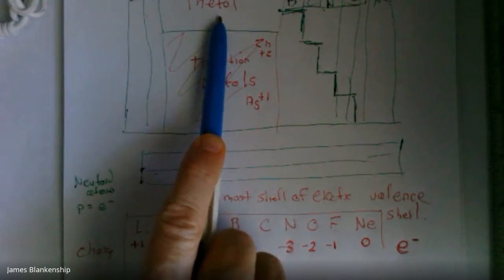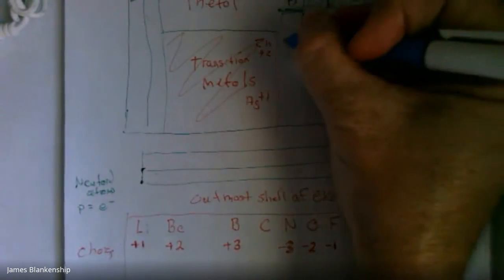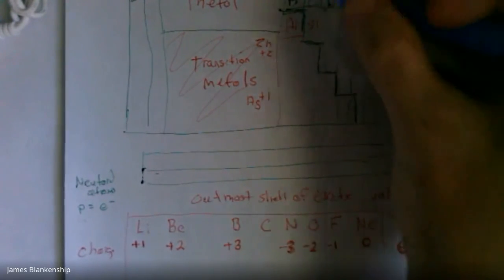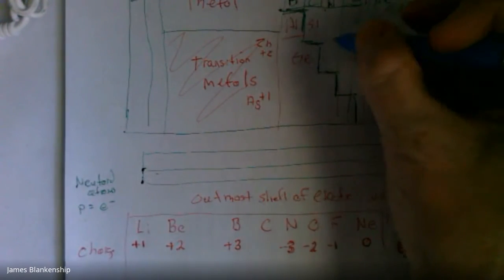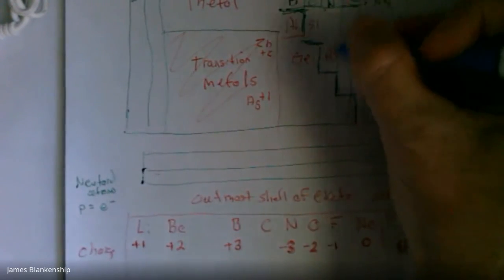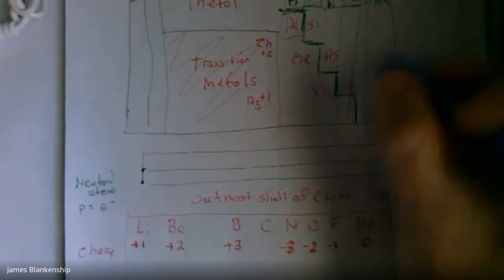One last group to talk about, between our metals and our nonmetals, is the ones that border right in here. This would be aluminum or silicon. This would be germanium and arsenic. We'd come down here, this will be tin and then antimony.